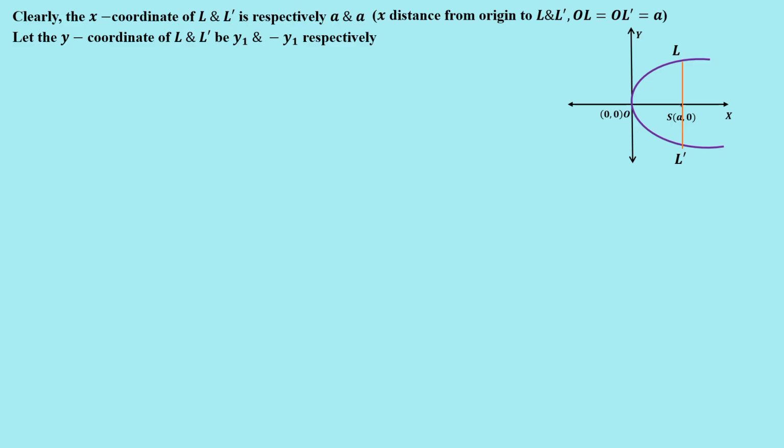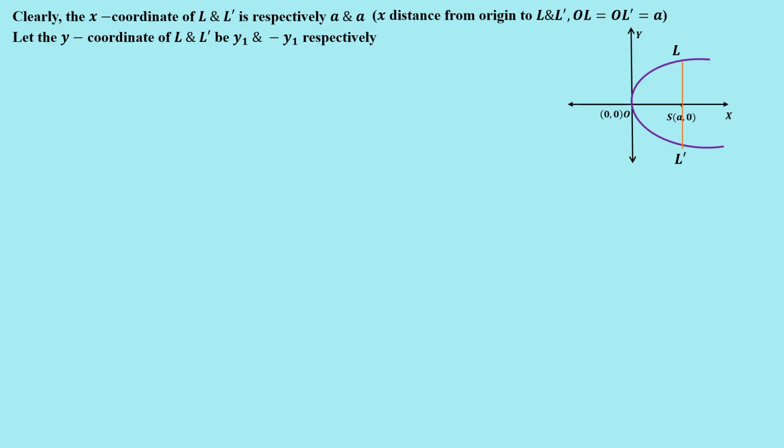The y coordinates of L and L' are y1 and minus y1 respectively, because L' lies in the fourth quadrant, so negative y, positive x, while L has positive x and positive y.